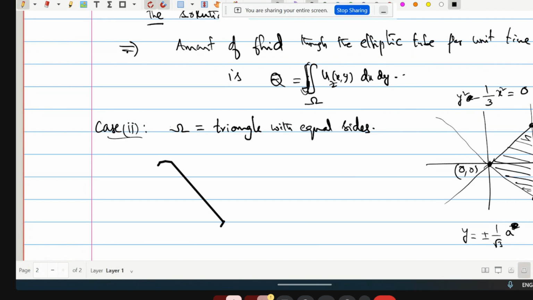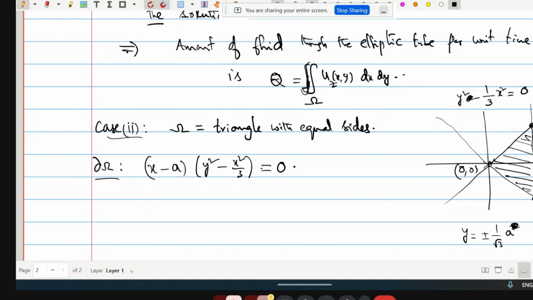On the boundary, if I write x minus a into y square minus x square by 3, I can say that this is actually dou omega equal to 0. This is the boundary, right? If you actually see, at x equal to a, and at x equal to 0, it is 0. Isn't it?